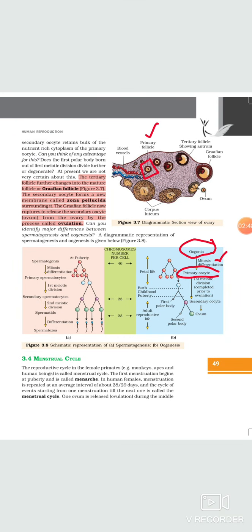When the girl is born, many primary follicles are present, but from birth to puberty many degenerate, and at puberty only 60,000 to 80,000 primary follicles remain in each ovary.